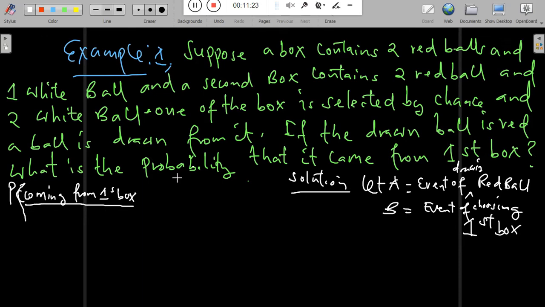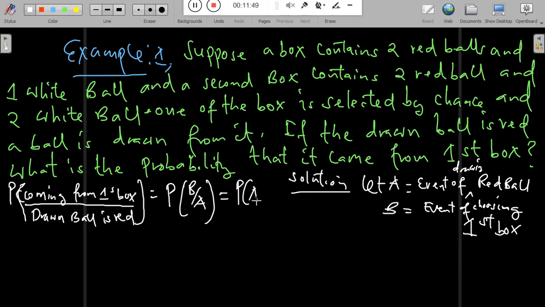As the question indicates, we are finding the probability that it comes from the first box, given that the ball that was drawn was red. This means the event of coming from the first box is B, and A indicates the event of the red ball. So it will be the probability of A intersection B divided by the probability of A, as you observe.